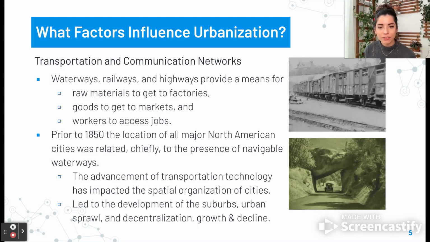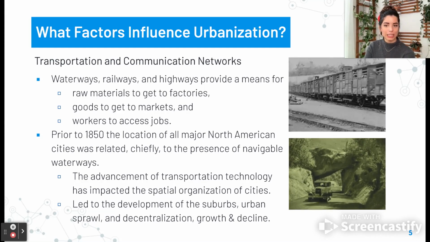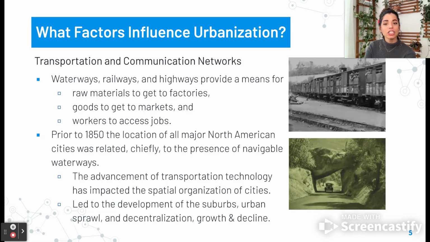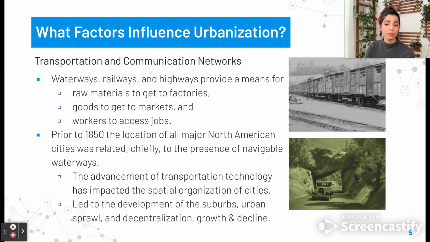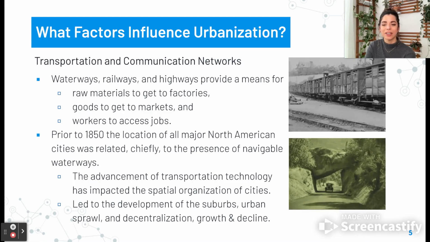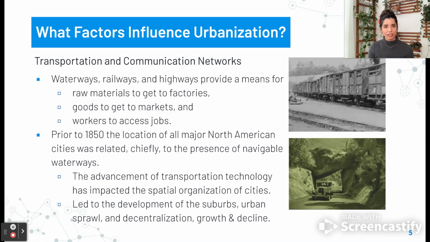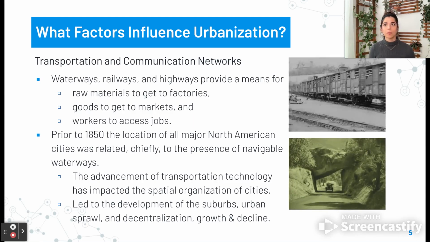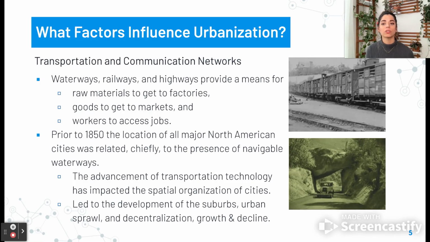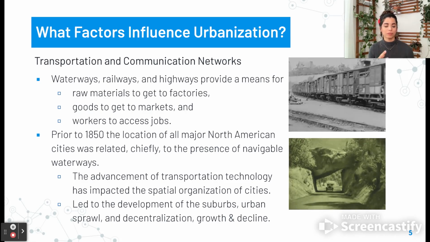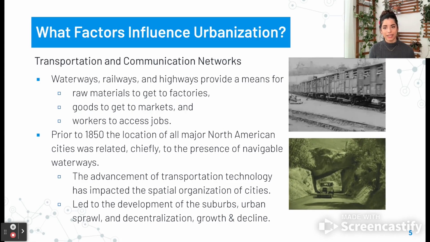Prior to 1850, the location of all major North American cities was related chiefly to the presence of navigable waterways. So if there was a waterway, whether that was a river or maybe being on the port of a harbor or something like that, that was a huge reason why that place was there.